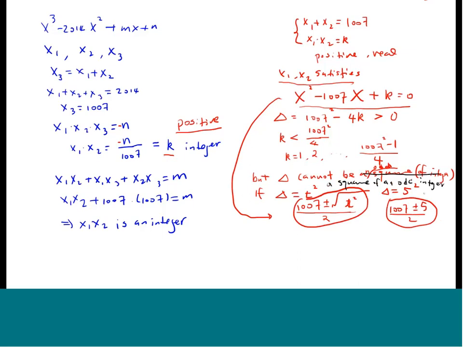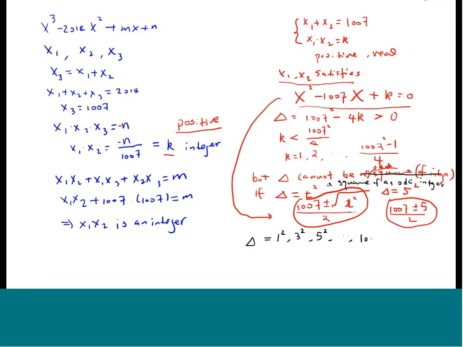Okay? So which means we cannot take k such that delta equals 1 squared, 3 squared, 5 squared, till what?